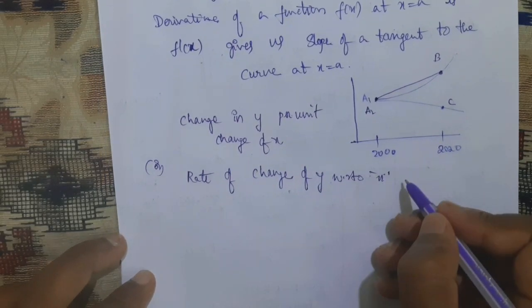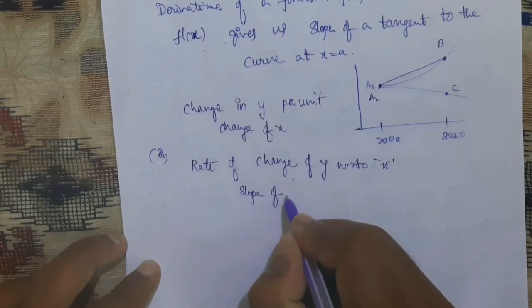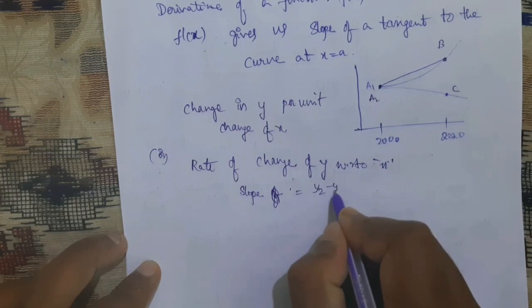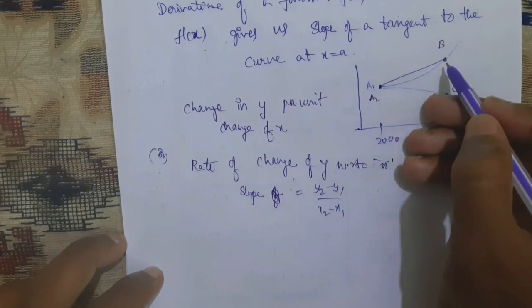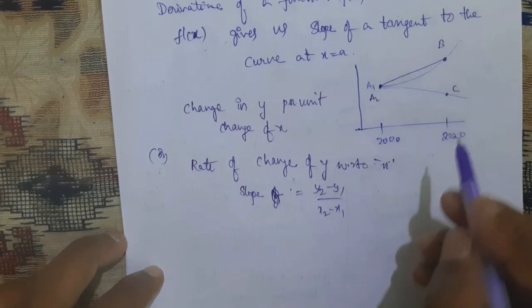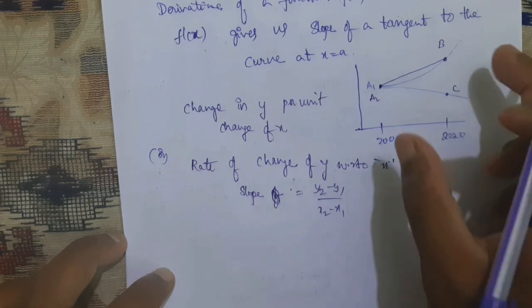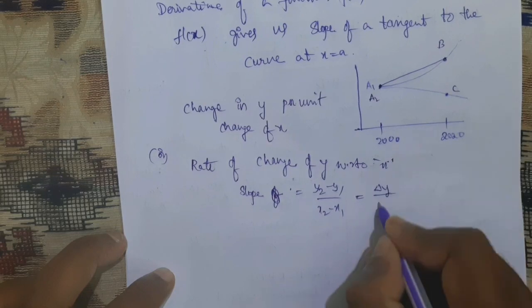This rate of change of y with respect to x we can also write as the slope of these 2 points, nothing but y2 minus y1 by x2 minus x1. If this is x1 y1 and this is x2 y2, then this slope is nothing but delta y by delta x.